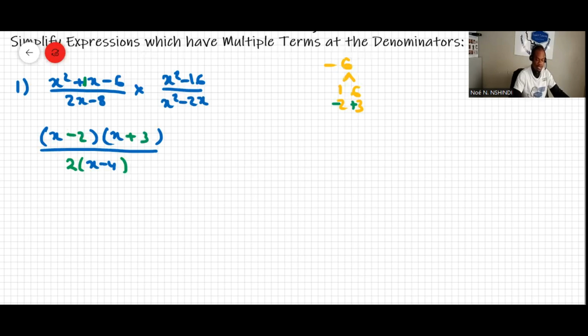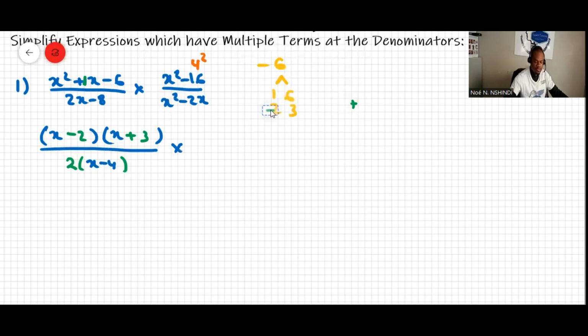Now, if you multiply here by x squared minus 16, note that 16 is a square of 4, it's 4 squared. Then we can apply the difference of two squares formula. This formula says a squared minus b squared equals a minus b times a plus b, okay?